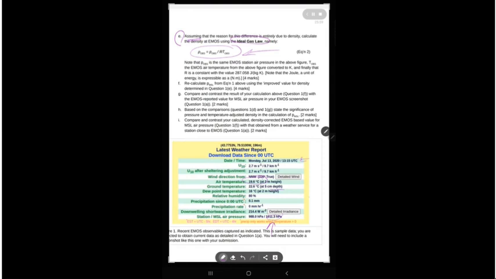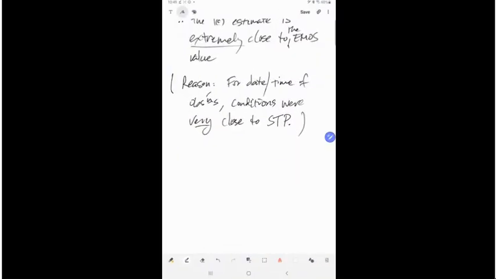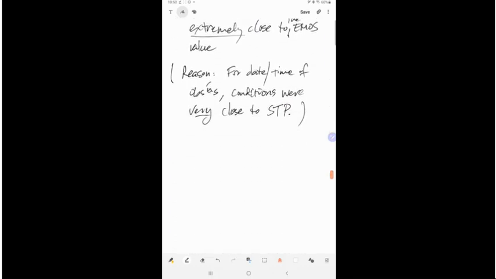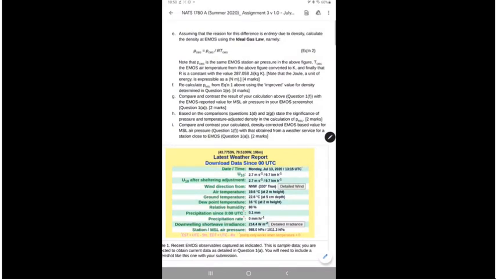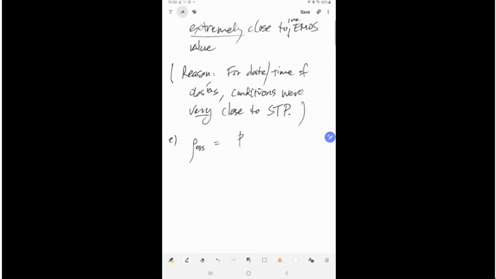So it's rho observed. This is now part E. Rho observed is equal to P observed. That's the observed pressure divided by some constant that we have yet to elaborate on, and the observed temperature.